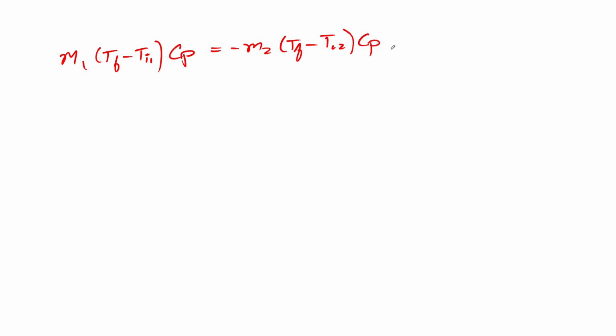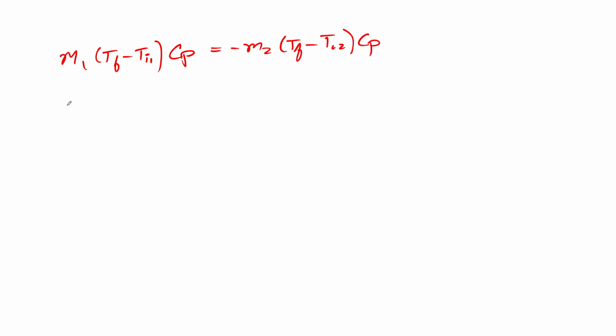So we're going to move this and go M1 times (TF minus TI of 1). Now the temperature final has to be the same between both. And this is the heat capacity of copper, equal to minus M2, that's the mass of water, times (T final of 2), and then the heat capacity of water. Now heat capacity is going to be different for each one, so we can't mess with that yet.